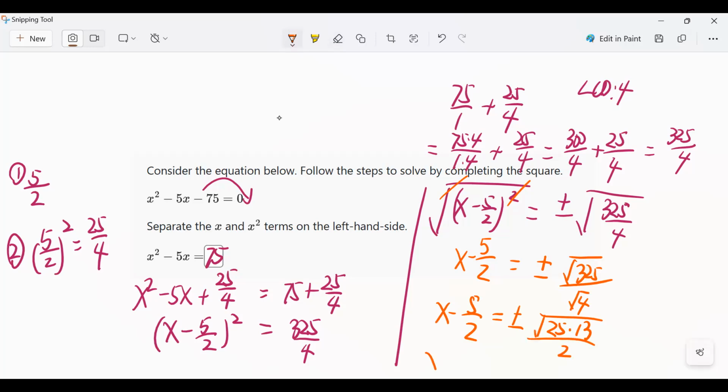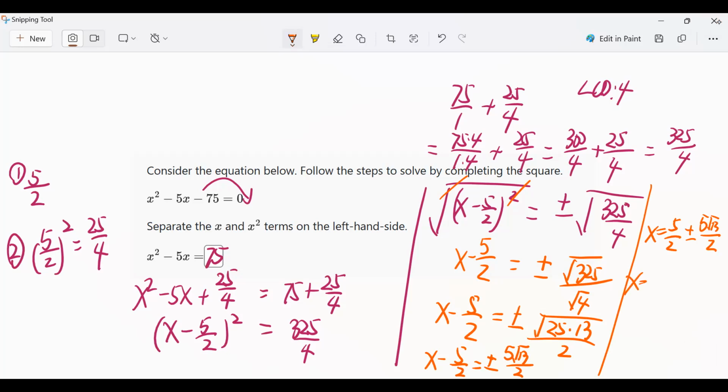And if you simplify further, x minus 5/2 equals plus or minus 5 radical 13 over 2. And just add 5/2 to both sides of the equation. So we get x equal to 5/2 plus or minus 5 radical 13 over 2. So the final answer will be that.